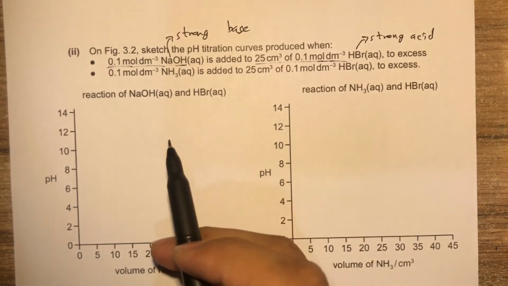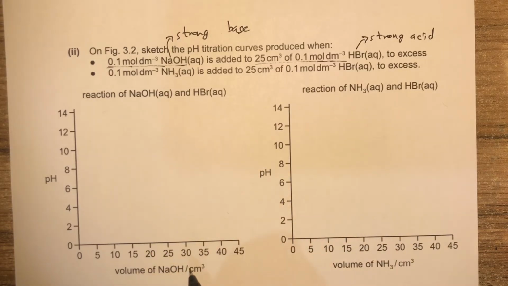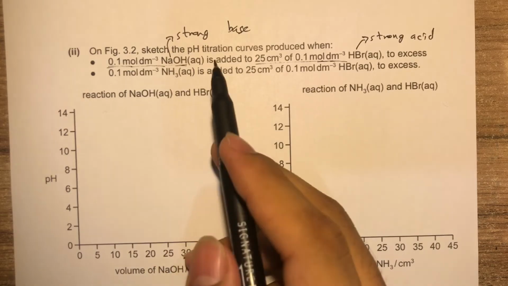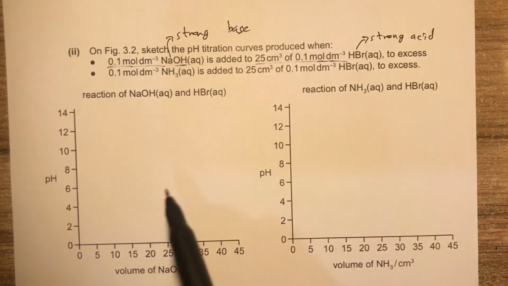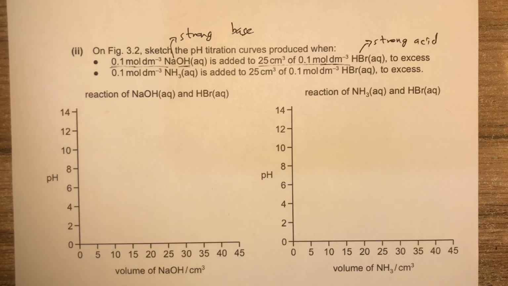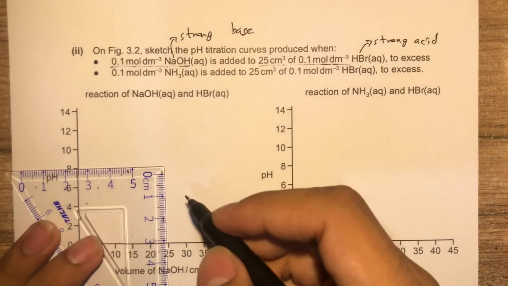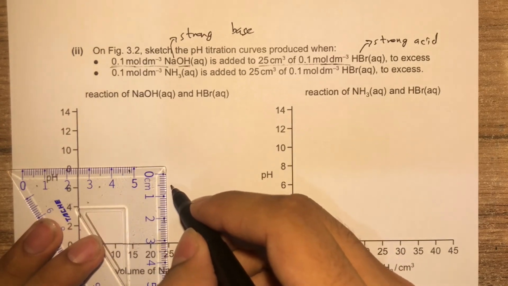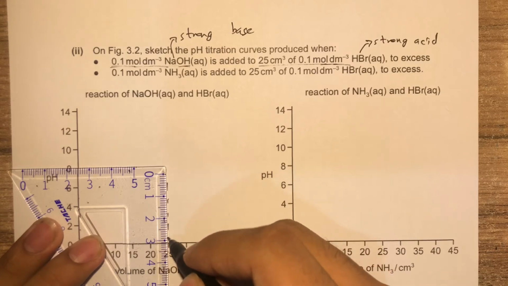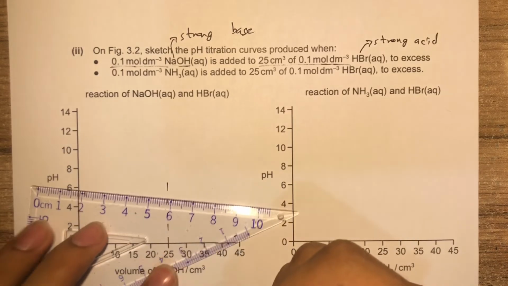So that means that the first graph will be of a strong acid with a strong base. That is the third graph that we did. Now again, HBr and NaOH are in the molar ratio of 1:1 in the neutralization equation. So 25 cm cube of NaOH will be needed to neutralize the HBr. So I'll draw the vertical line at 25, and the pH 7 line.